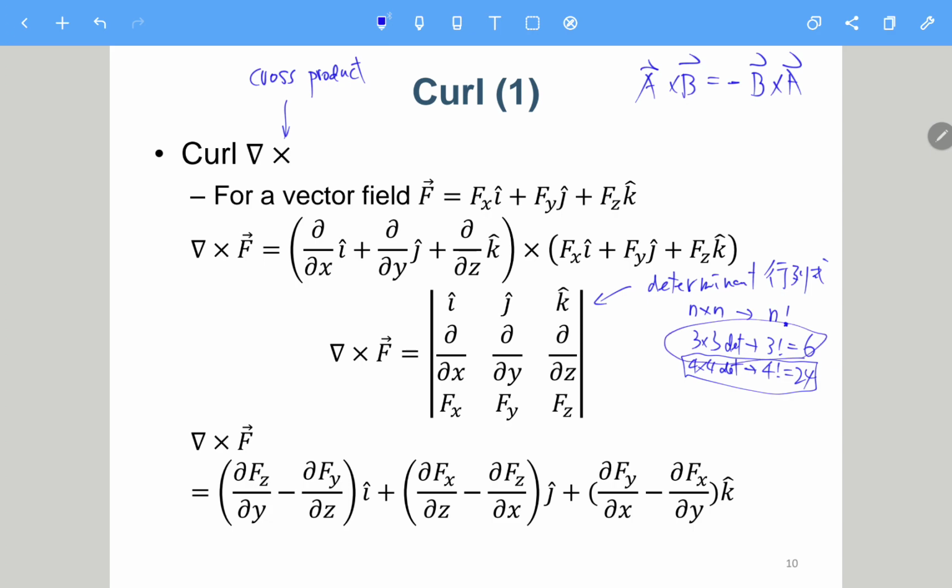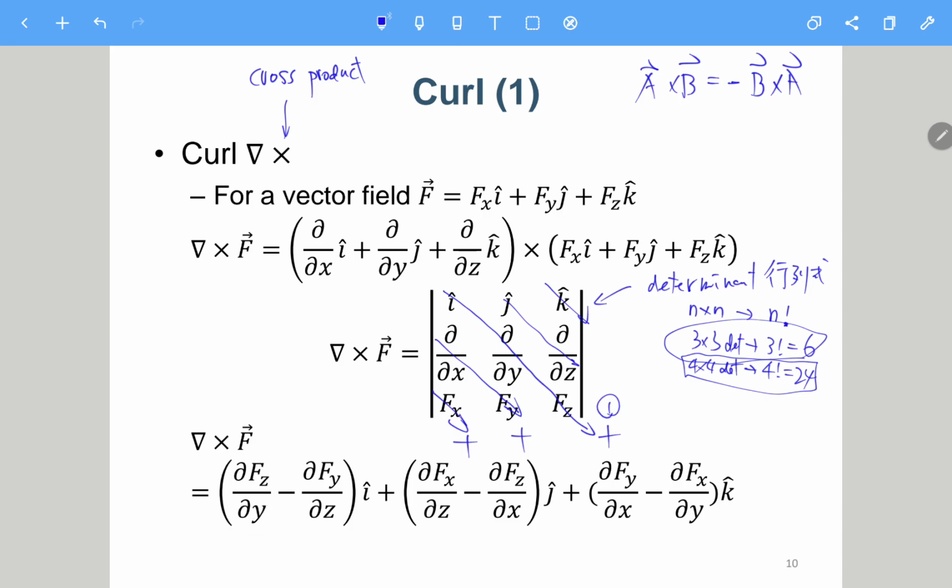The procedure for calculating this is that you draw the diagonal lines. So i partial y Fz, and then j, and then go to here, and then also this one, k partial x Fy. If it goes from top left to bottom right, we have a plus sign. So here we have i hat partial y Fz.